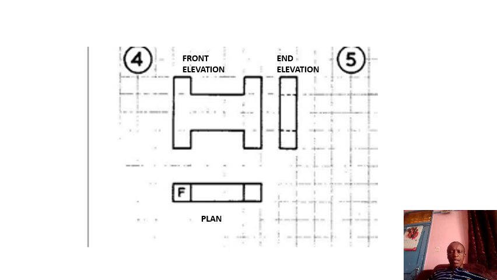So let us tackle number 4. And looking at number 4, you can see the front elevation that has taken the shape of an H. And then we have the end elevation that is a rectangle. But also notice these dots, meaning that there is a depression. Yeah, these dots show this depression. When you look at it from the top, you can see that this is a depression.